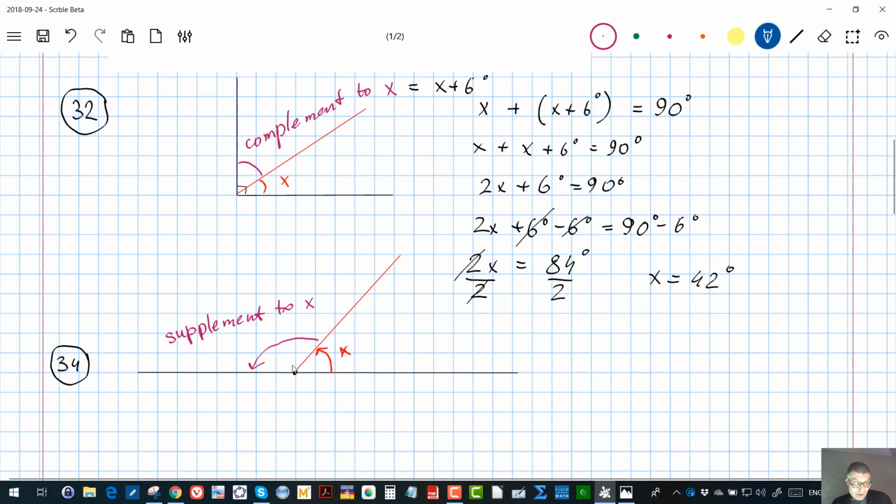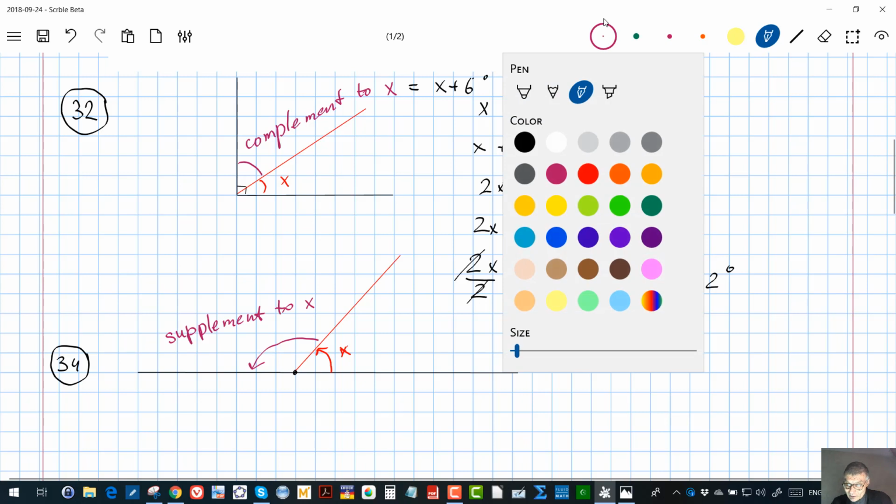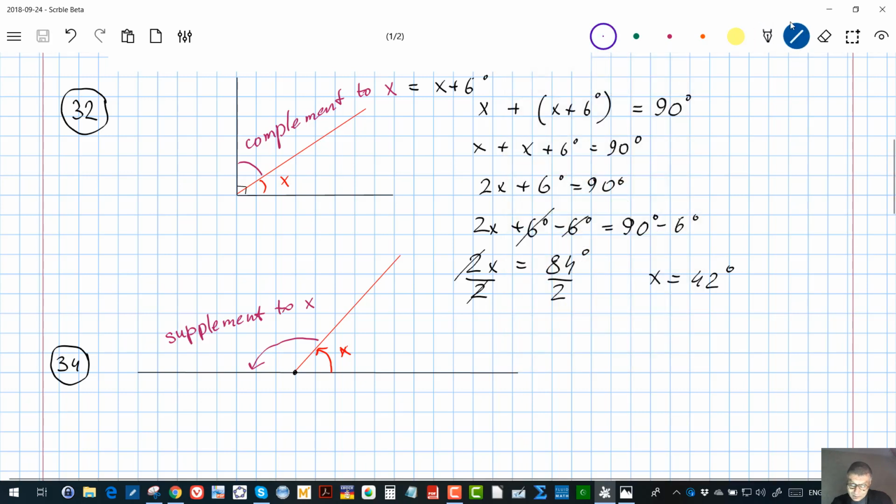Where is the half of this angle? Let's take another color, for example, this one, and bisect approximately. So we've bisected the supplement. Here it is.